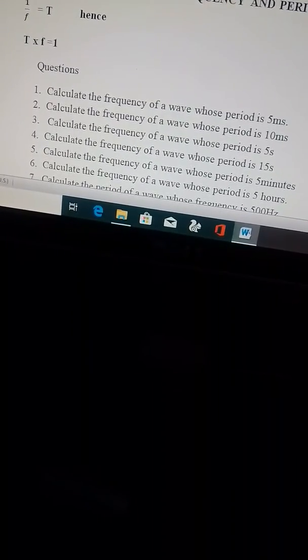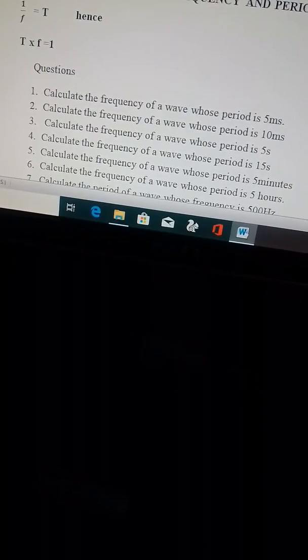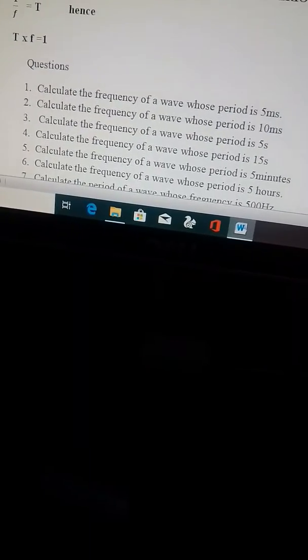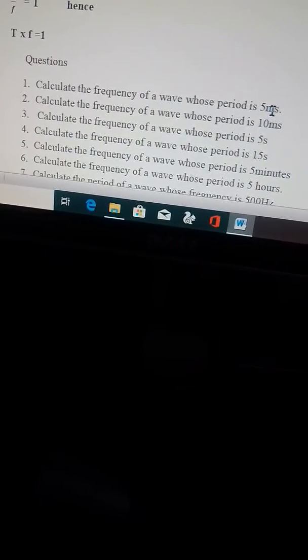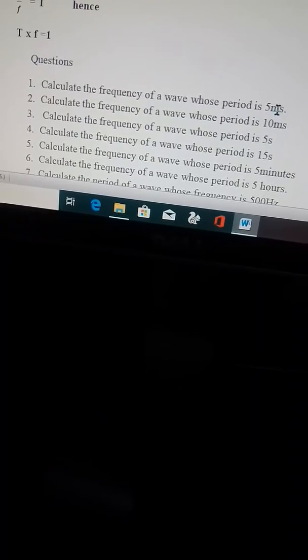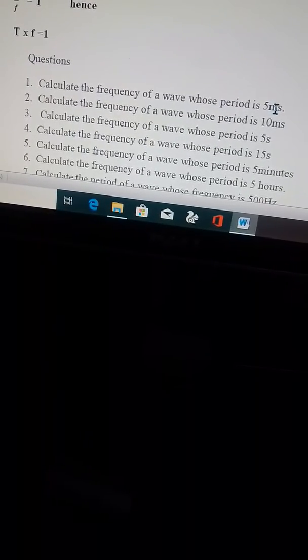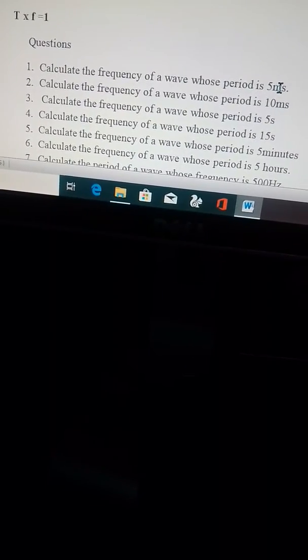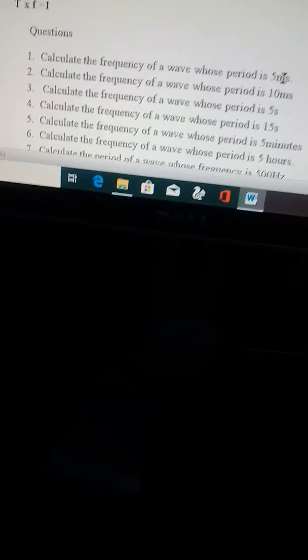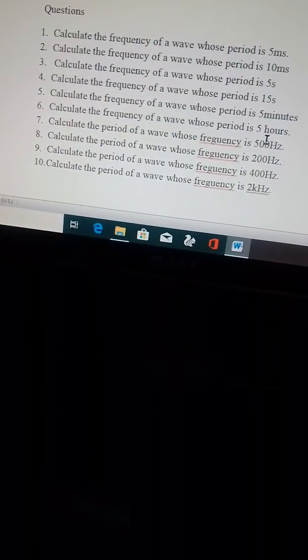As you can see, the periodic time is in microseconds, so you change it to seconds first. Let me do this first example, then you will do the rest of the questions. There are 10 questions. I'll do number 1 and number 7.